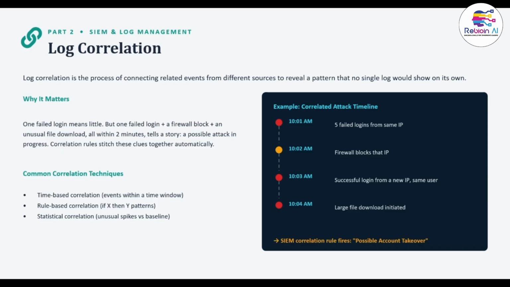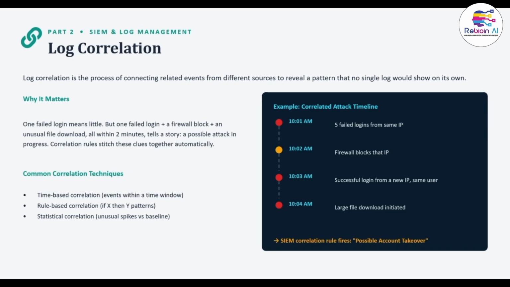Third, statistical correlation, looking for unusual spikes in activity compared to an established baseline of normal behavior. Correlation is really what separates a basic log viewer from a true SIEM. Any tool can show you individual logs, but a SIEM's real value is in connecting the dots automatically, at a speed and scale no human analyst could match manually.